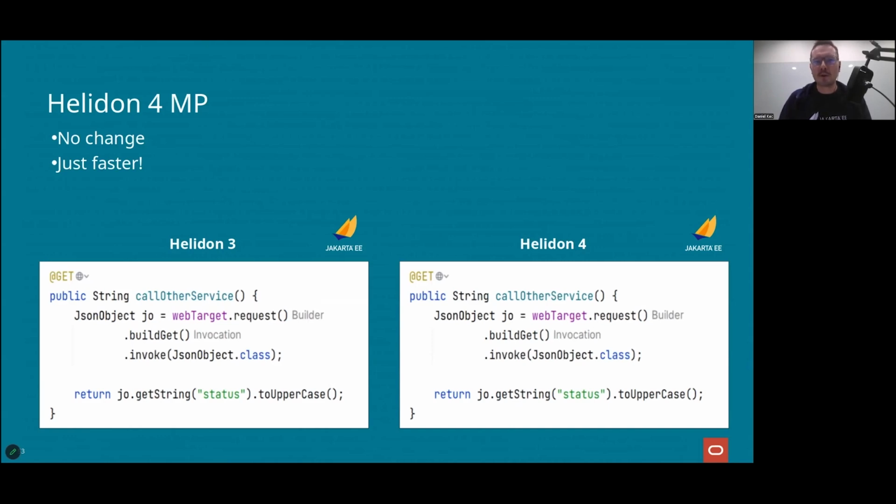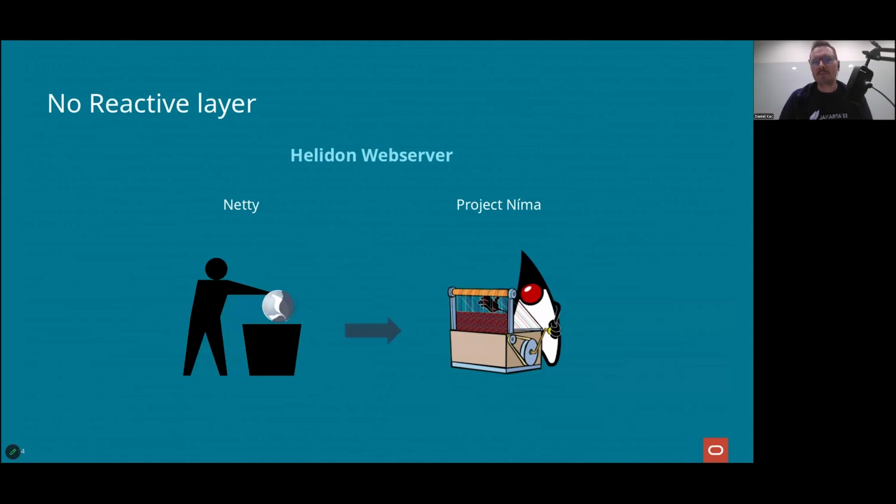The Helidon MP was always imperative, and it will be even more. Now you just get way faster with no change really needed. There is no reactive layer anymore. This is very important to point out, so I have another slide for it here. And when we say that we use the virtual threads, there is no offloading, there is no retrofitting.